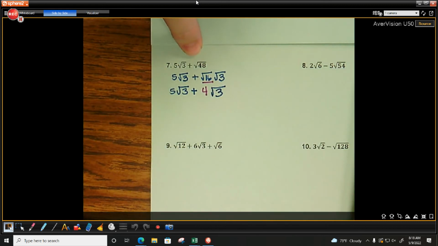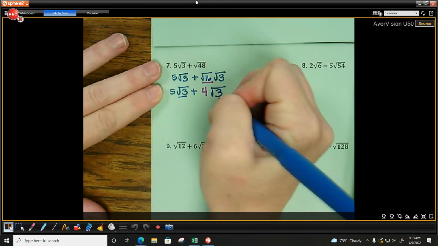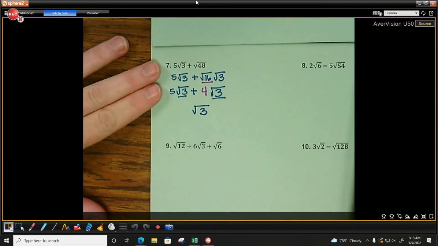But once you simplify the square root of 48, what happened? My radicals now match, so now I can add them. Square root of 3, leave it square root of 3. What do I do with the coefficients? Add them. 5 plus 4 is 9.